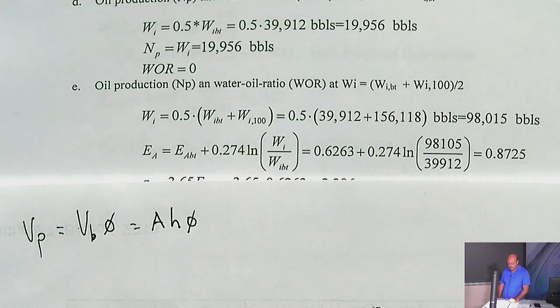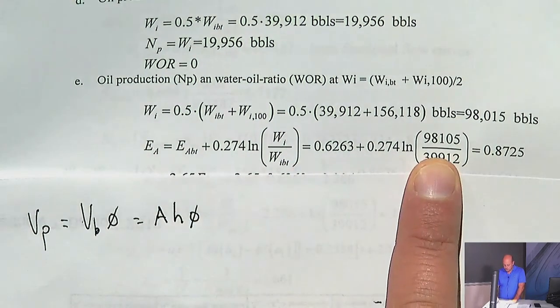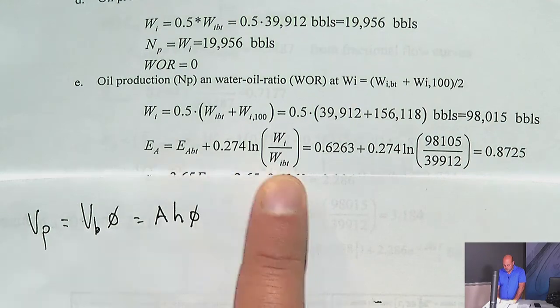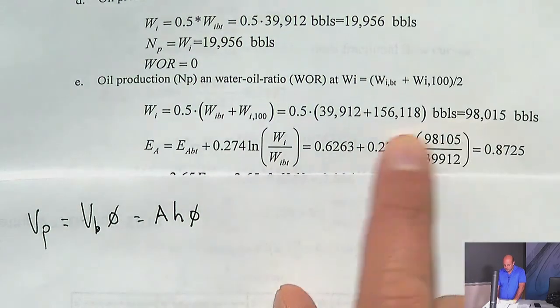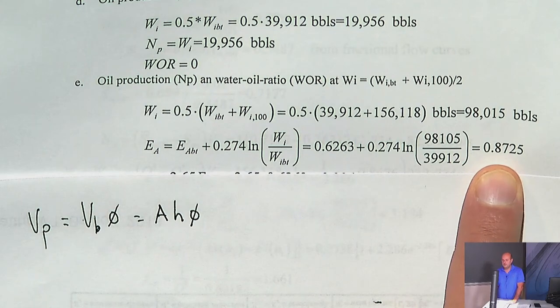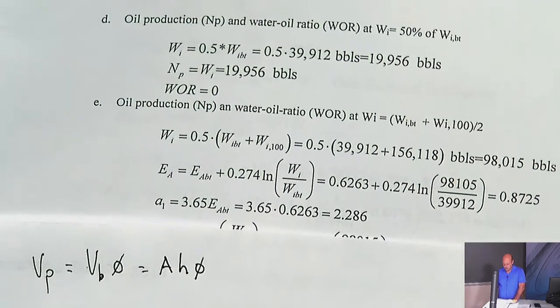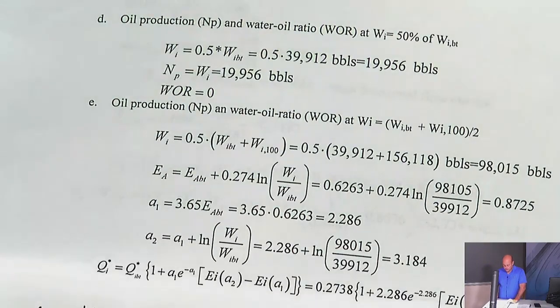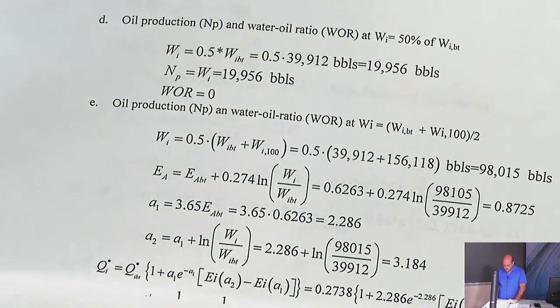What I need to do is calculate the aerial sweep efficiency at that water injected, so I use my formula. I've already calculated EABT and WIBT, and now I want WI at 98,000. And so this is an aerial sweep efficiency of 87%. And then what I do is I use this formula.